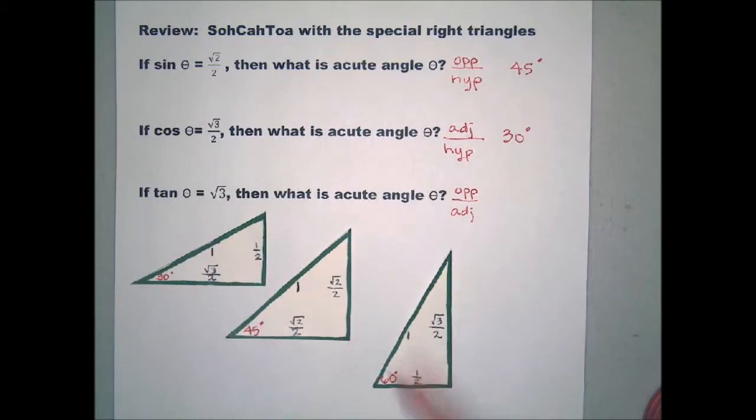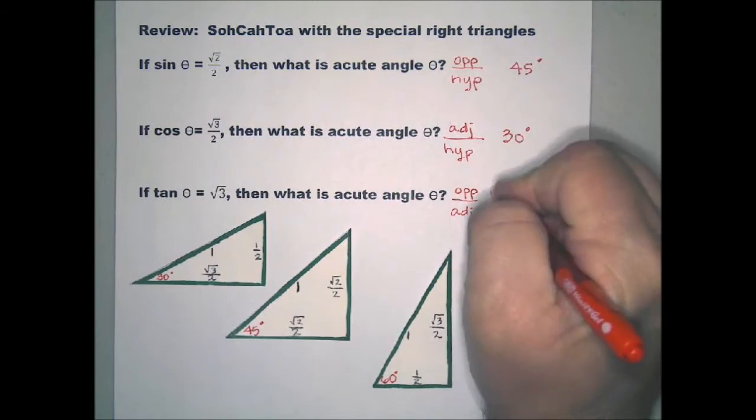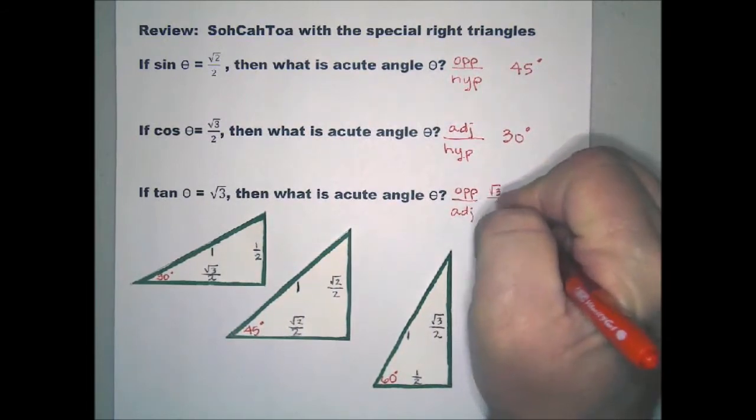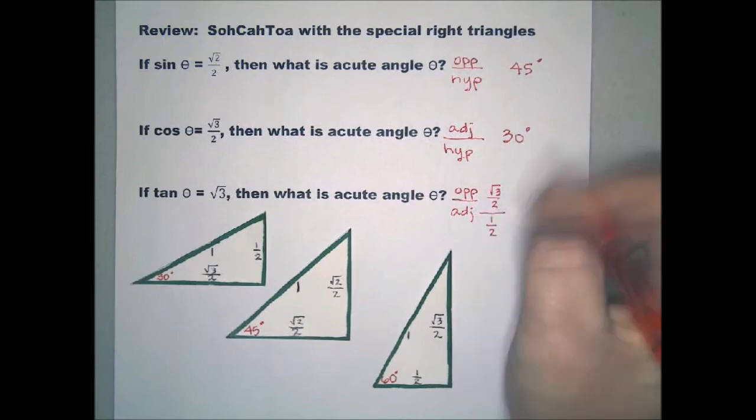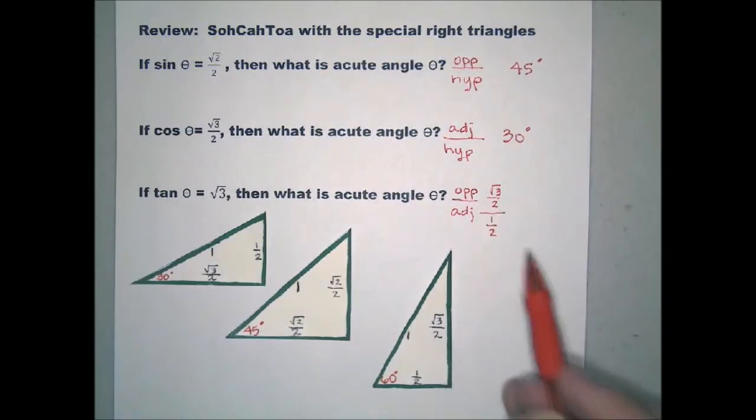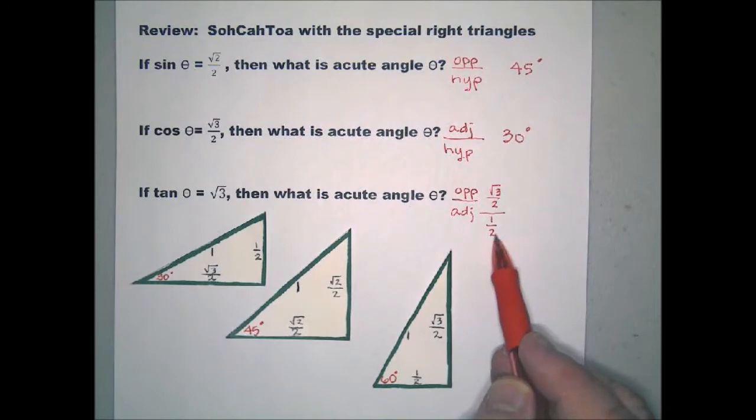So we're not looking for just root 3 over 1. But we do find it right here, because the opposite of 60 is root 3 over 2, and the adjacent to 60 is 1/2. So if we did this, root 3 over 2 over 1/2. There's your opposite. There's your adjacent.